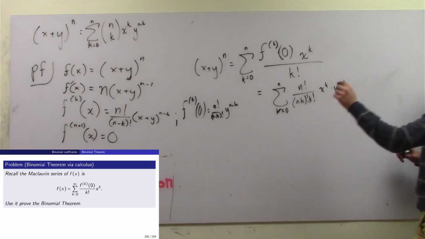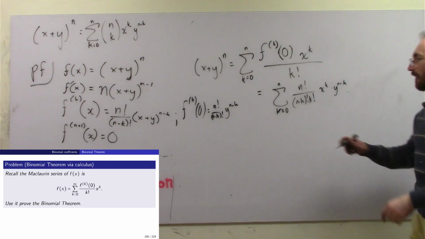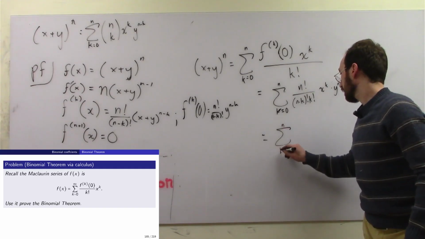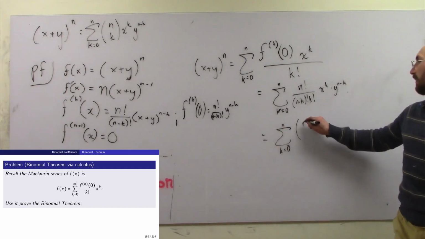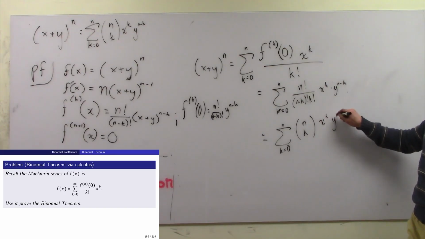That coefficient, n factorial divided by (n minus k) factorial times k factorial, is the same as n choose k. Oh my gosh, it's the binomial theorem.